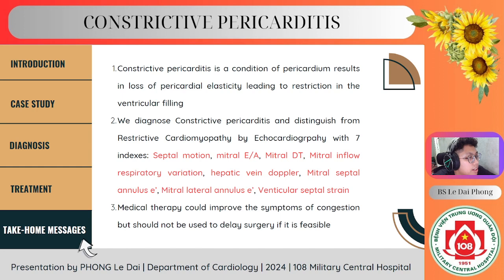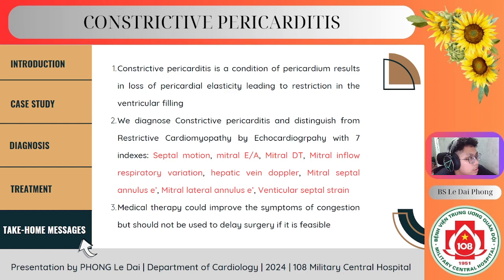So before ending my presentation, I have the take-home messages. The first one is constrictive pericarditis is a condition of the pericardium resulting in loss of pericardial elasticity, leading to restriction in ventricular filling.